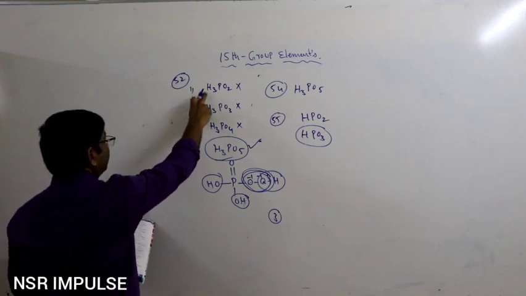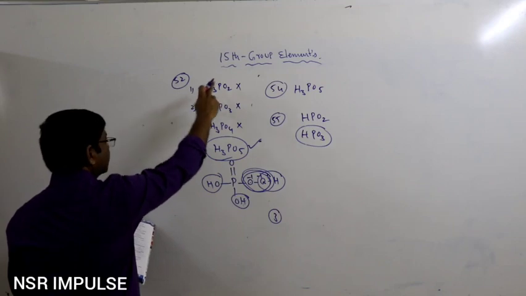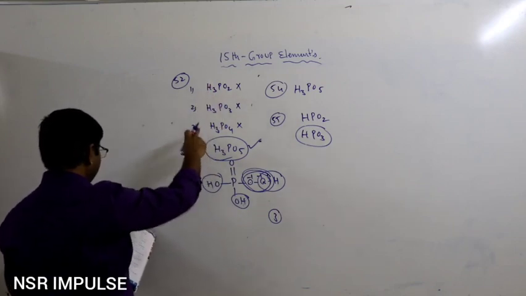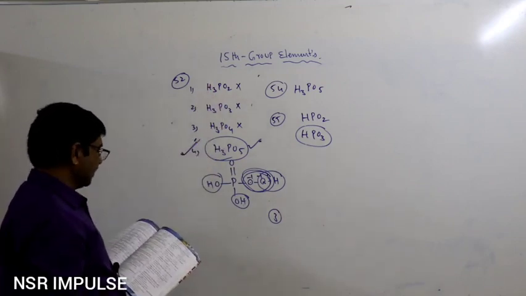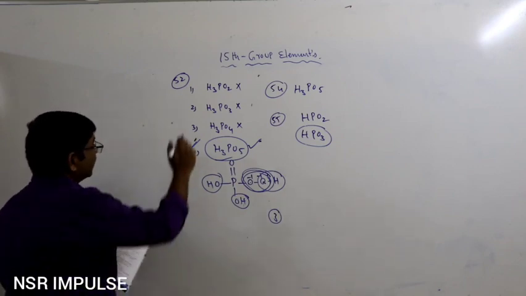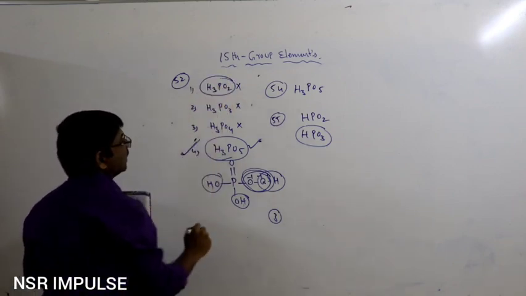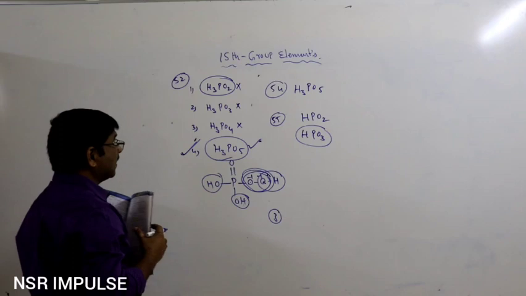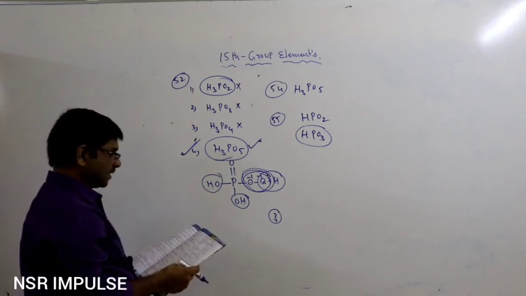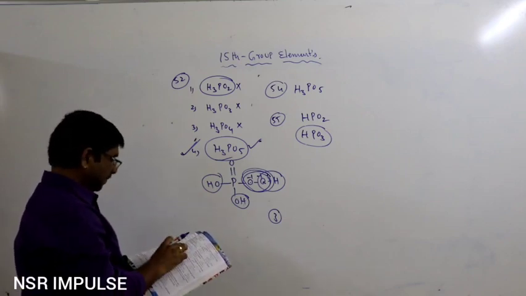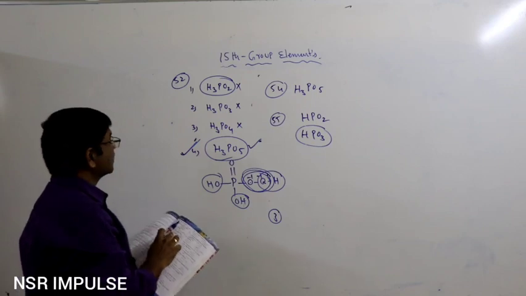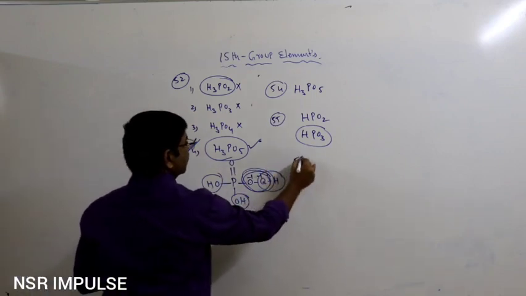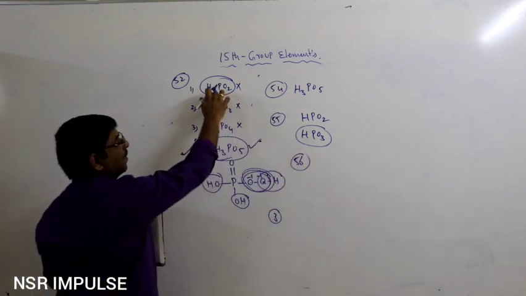Next H3PO2, next H3PO4, and H4P2O7 is given. What does he want? +1 oxidation state. One answer is possible.